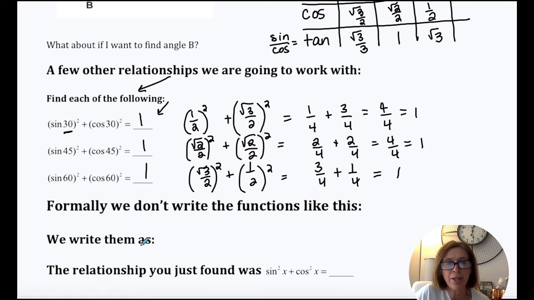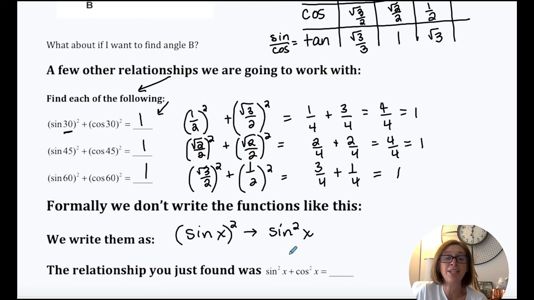Now, the unfortunate thing is that we don't actually write this as sine 30 squared. In trig, if I had sine x, I wouldn't write it as sine x squared. I would write it as sine squared x. So we're going to have to get used to this weird looking notation now, okay?